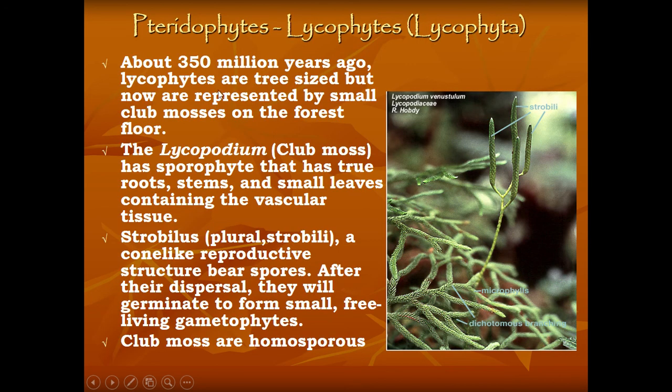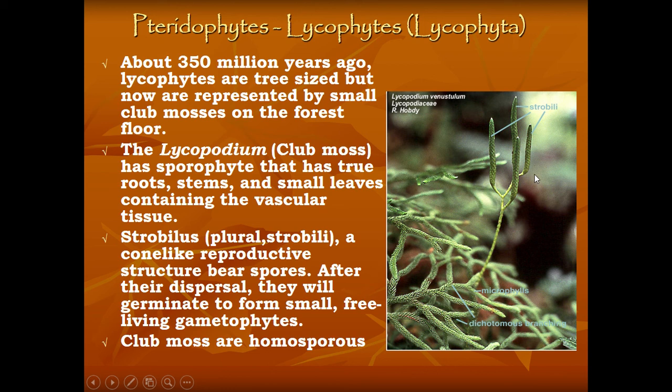About 350 million years ago, the lycophytes were tree size, but now are represented by small club mosses on the forest floor, in which they have sporophytes that have true stems, roots, and also leaves. And they have a strobilus, remember, a cone-like structure that is the place for producing the spores.